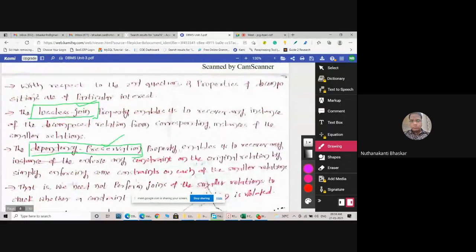There are basically two problems. One is lossless join, and the other is dependency preservation. First of all, we must understand dependency preservation. What is the meaning of dependency preservation?